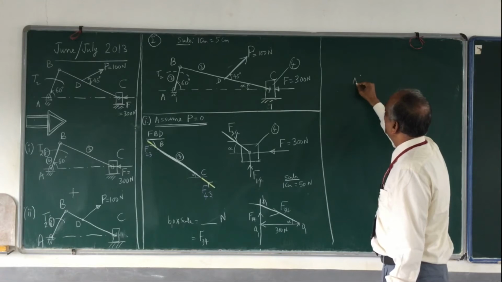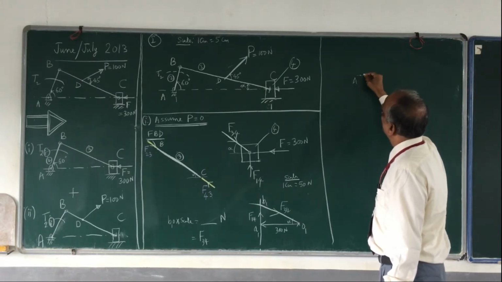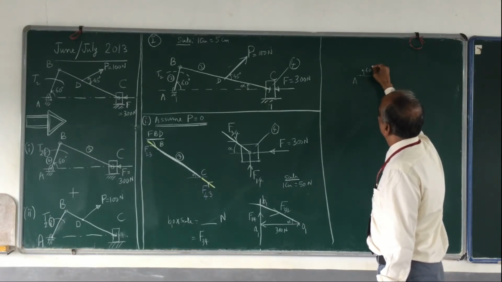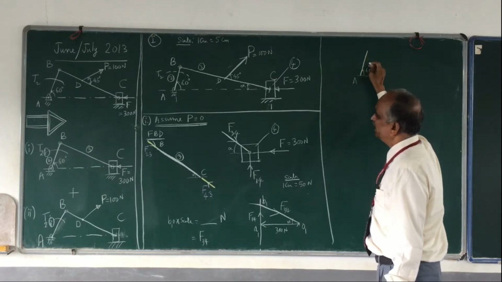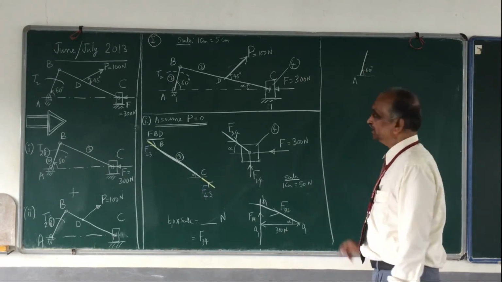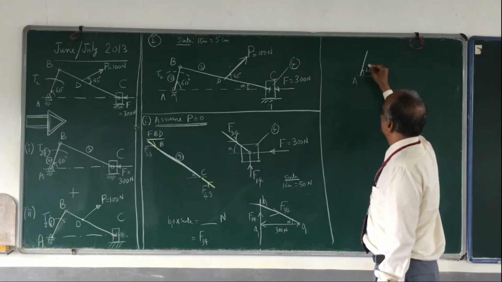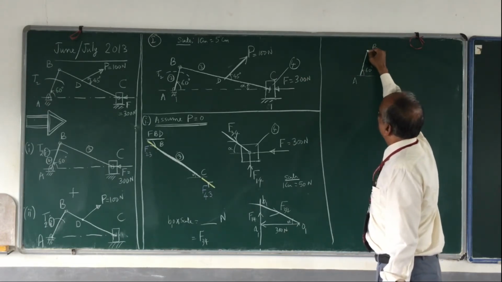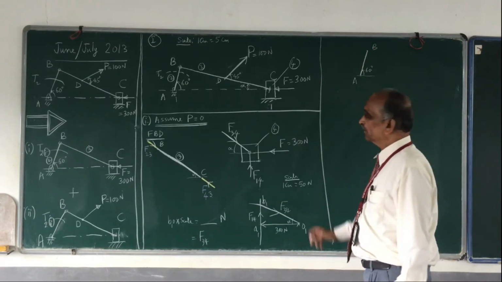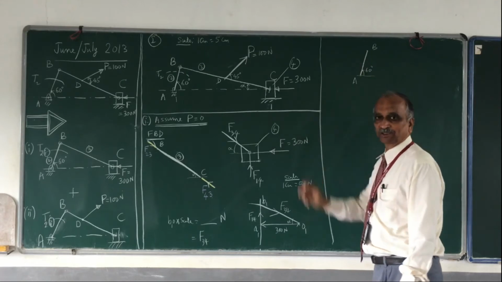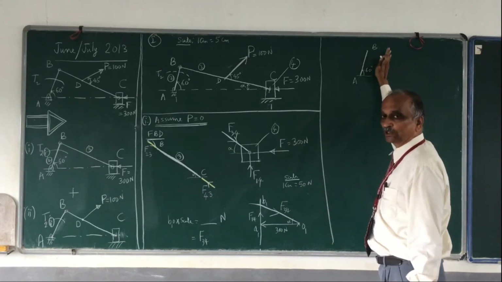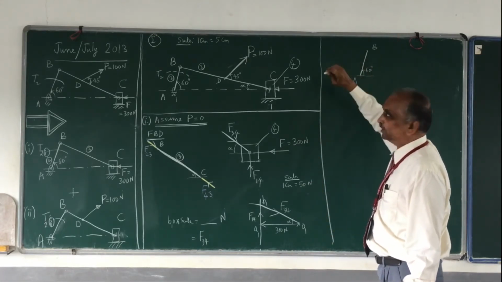So this is point A. You draw a horizontal line, measure 60 degrees and draw 2 centimeters. Not 2 centimeters wide, because I want to represent 10 centimeters to that scale. So this is A, and this point is B. At B, it is connected to link number 3. Therefore, there is a force from 3 acting on 2.